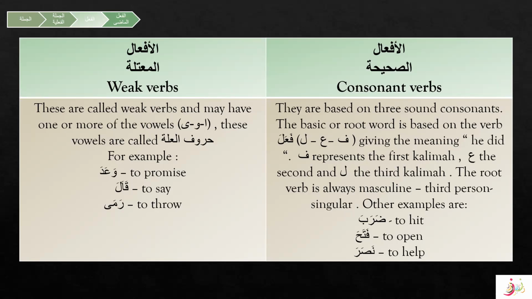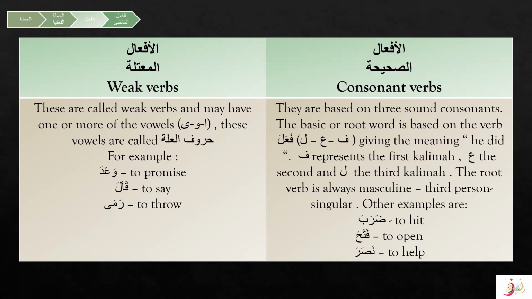All the huruf tahji of the Arabic language are huruf sahiha, because they do not have the huruf illa. And these are the huruf illa: alif, waw, and ya. Except these three, all of them are huruf sahiha.